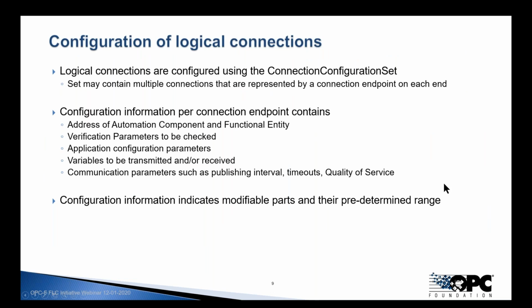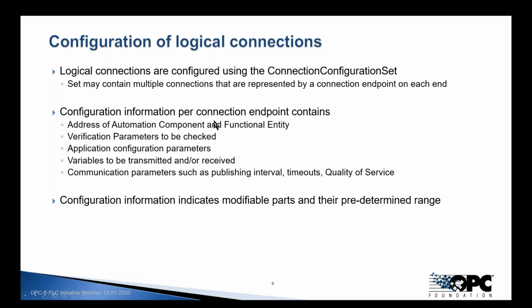So what is the connection configuration set? First, it is a set of connections. Remember, some slides ago, I showed you a sample with two logical connections between two PLCs. So the connection configuration set would in this case contain the two logical connections. And per connection, you have two endpoints.